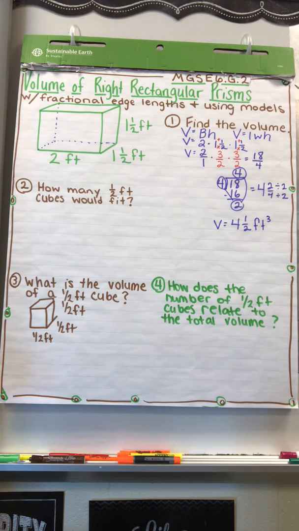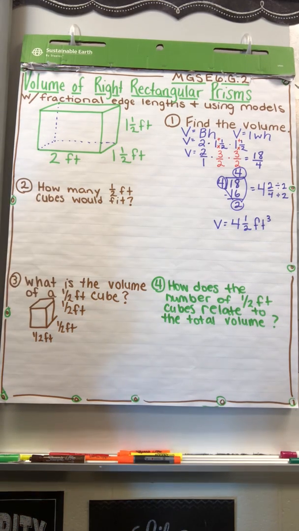All right, our standard says that we'll find the volume of right rectangular prisms with fractional edge lengths by packing it with unit cubes of the appropriate unit fraction edge length and show that the volume is the same as it would be found by multiplying the edge lengths of the prism.